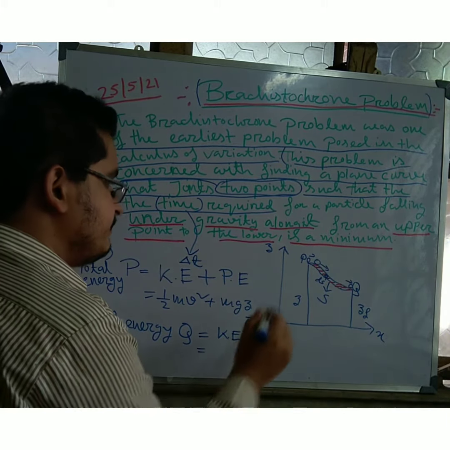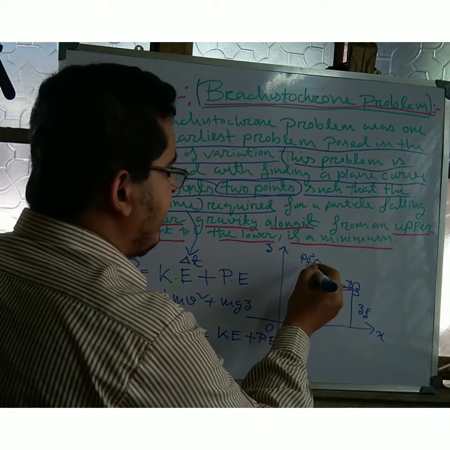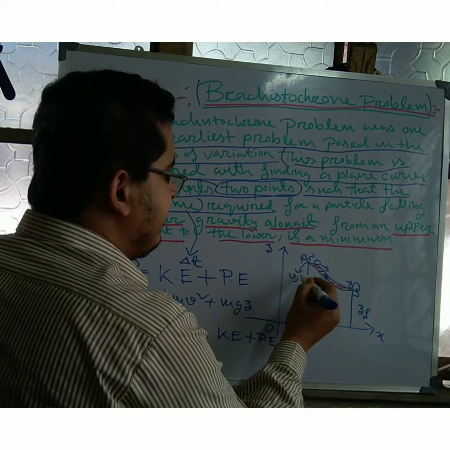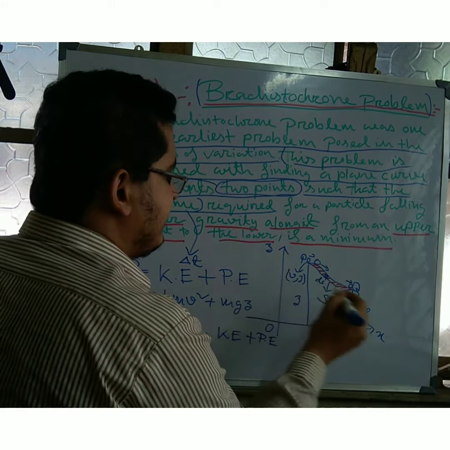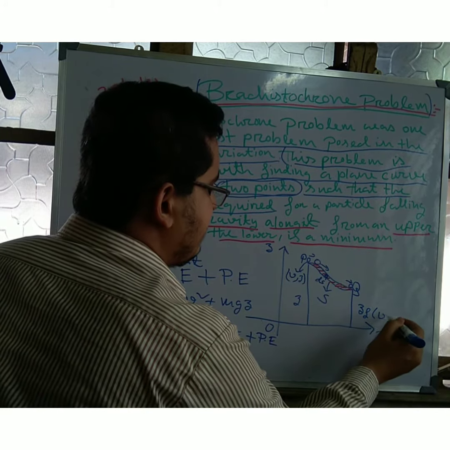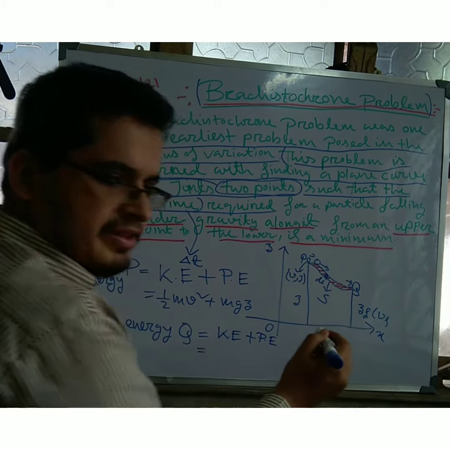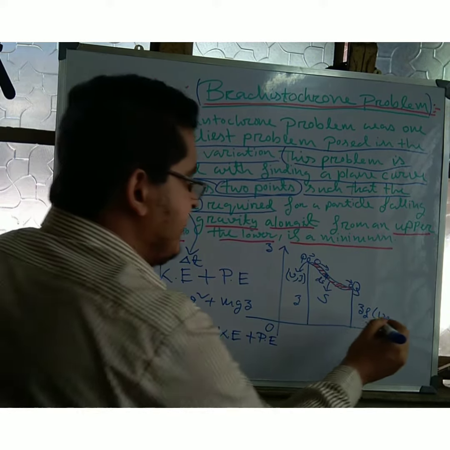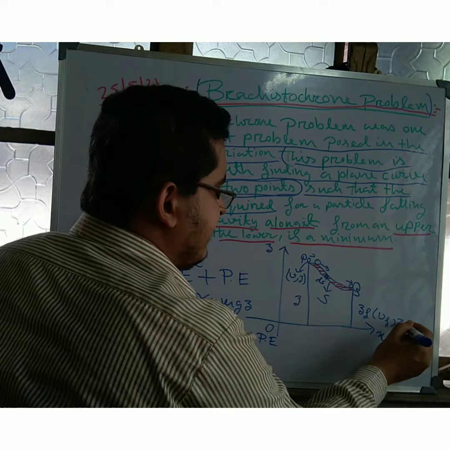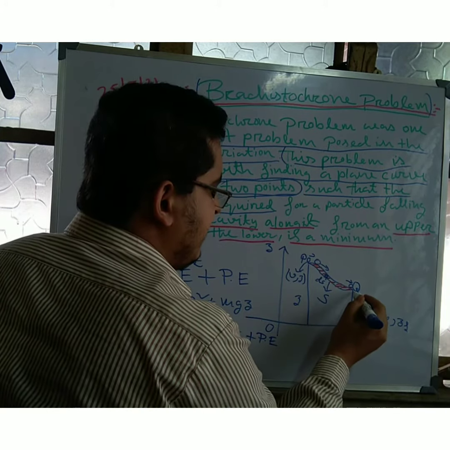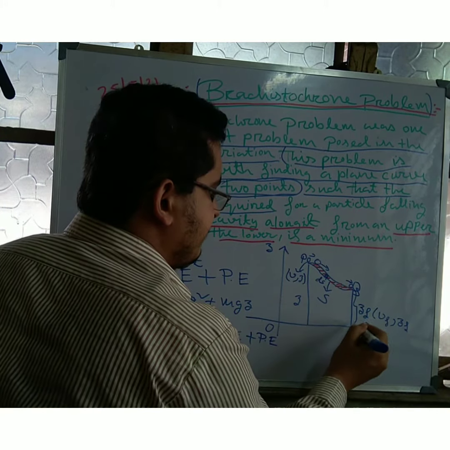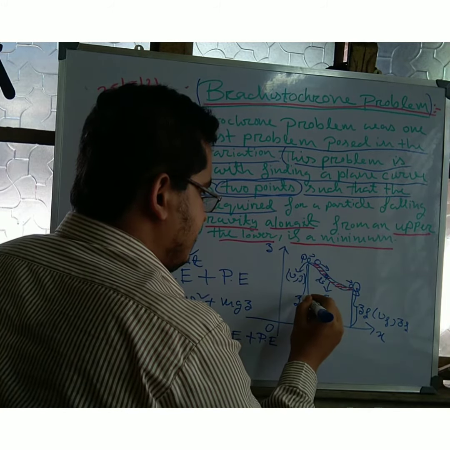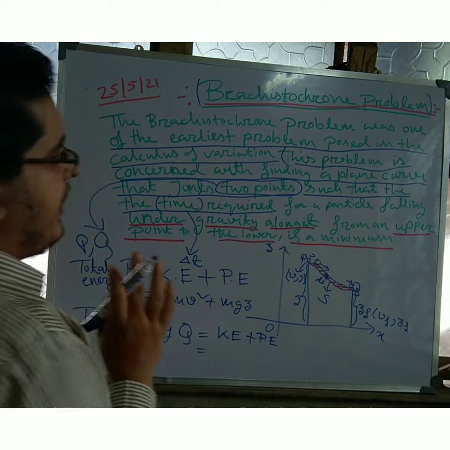KE is equal to, suppose at this point the particle velocity is V and the height is Z, and here the particle velocity is VF, and this is ZF, meaning the height is ZF, and this height is Z. I hope it is clear, friends.